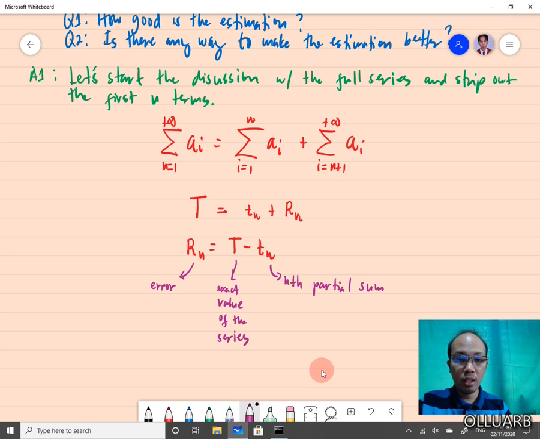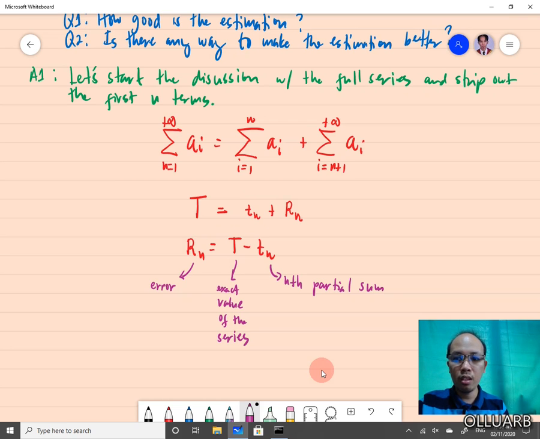The tests I talk about here are the direct comparison test, the limit comparison test, integral test, alternating series test, and so on.